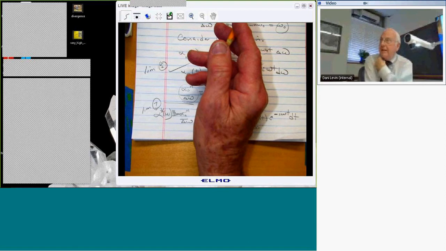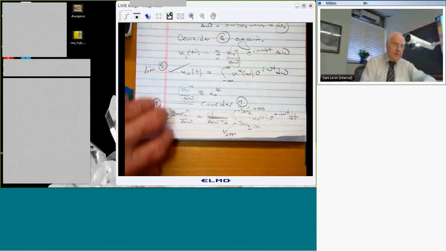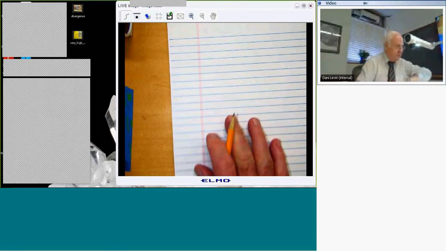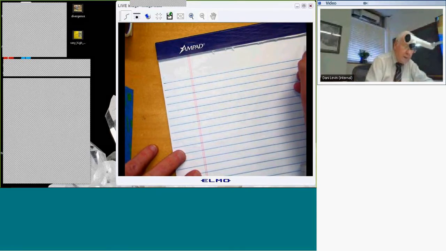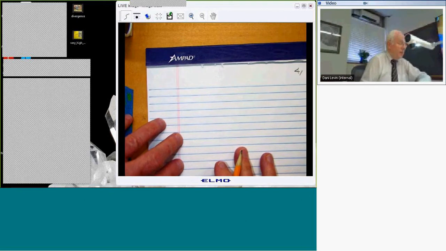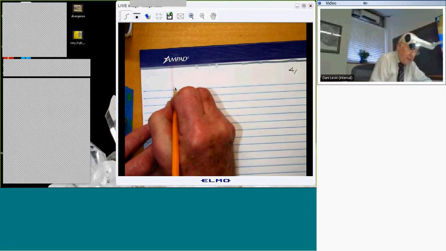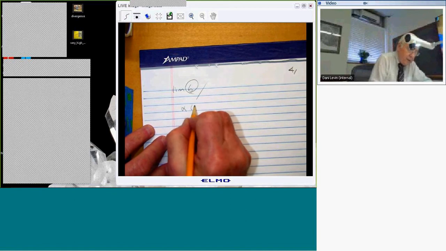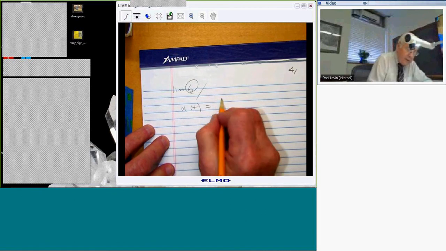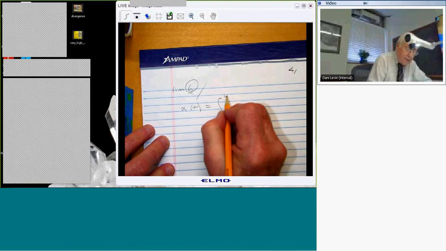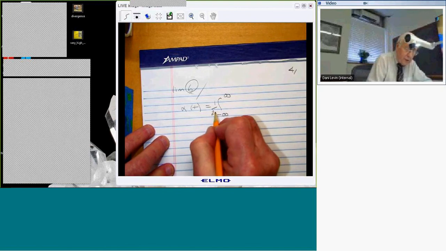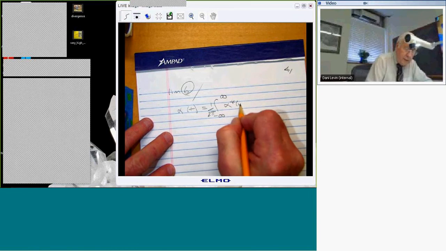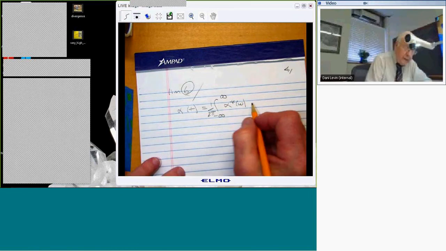So the limit of 6 then is alpha of t equals the integral from minus infinity to plus infinity, also 1 over 2 pi, of alpha star of omega e to the i omega t.